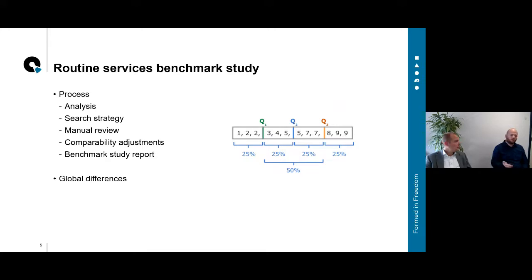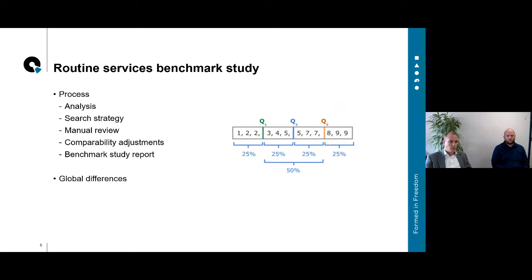In the end, we finish the study with a report in which we describe the steps taken during the process, and the results, of course. The results of such a TNM benchmark study: you basically have turnover and EBIT, and those are the figures that you use to calculate the margins made by such a company.